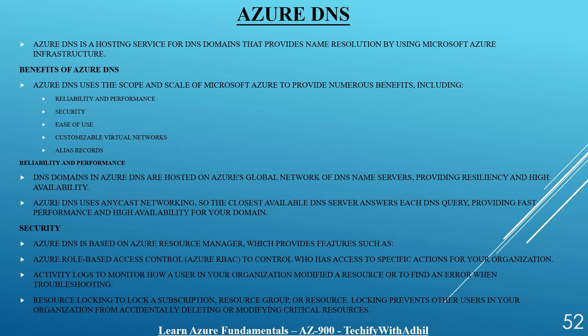So any admins or whoever has access to the resources, anybody making any modifications, it will be recorded in the activity logs. Then we have the lock function, which means we can lock a subscription, resource group or resources to prevent accidental deletion or modification of critical resources.